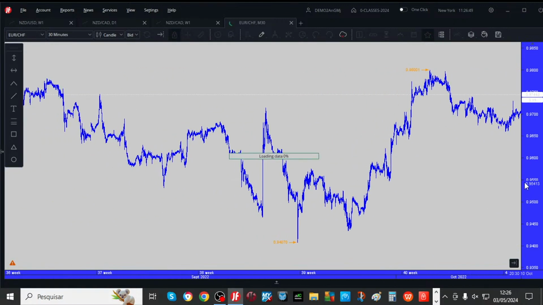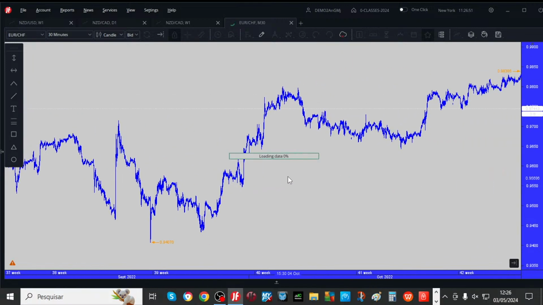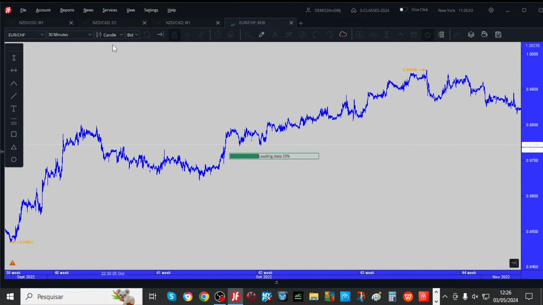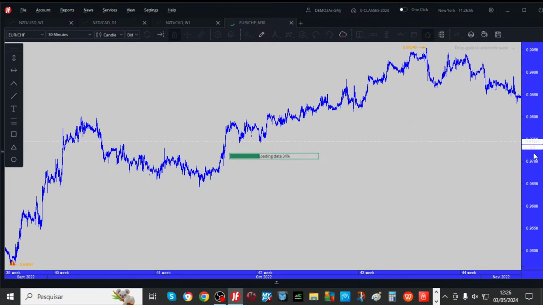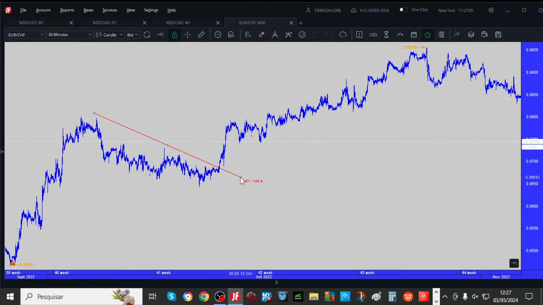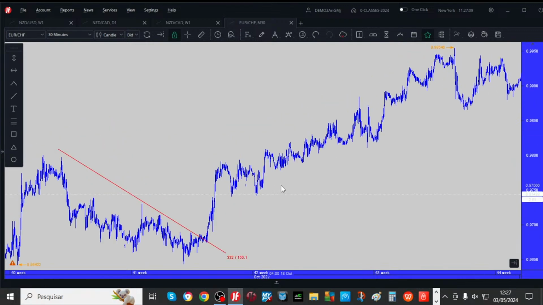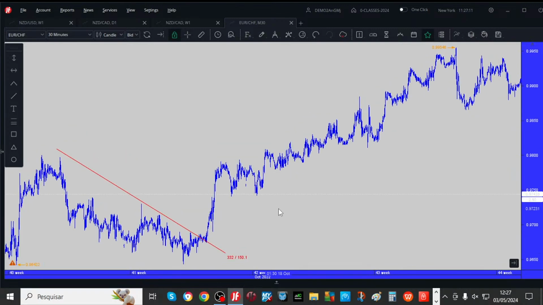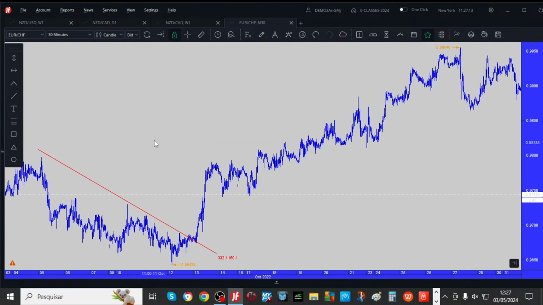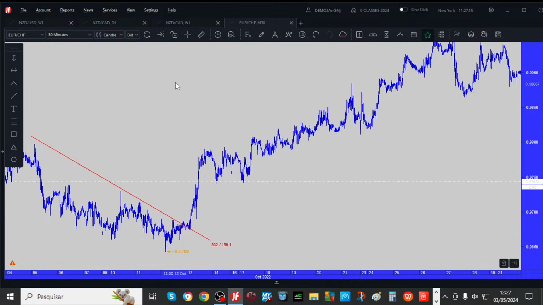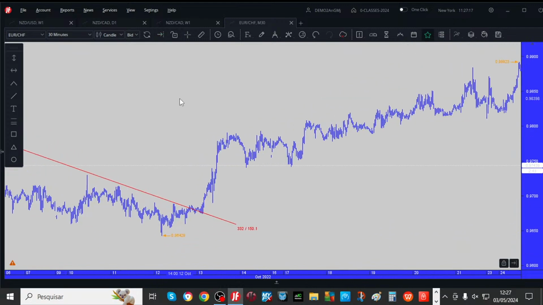What would be the example? 30-minute chart. Let's take this one as a still. So we've entered here, just an example. 30-minute chart this time from Euro CHF.